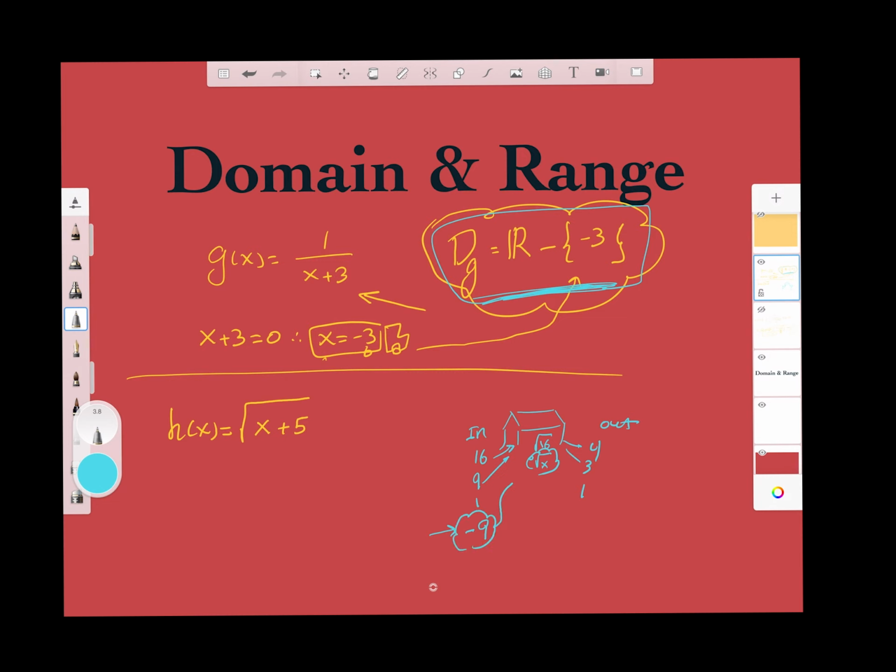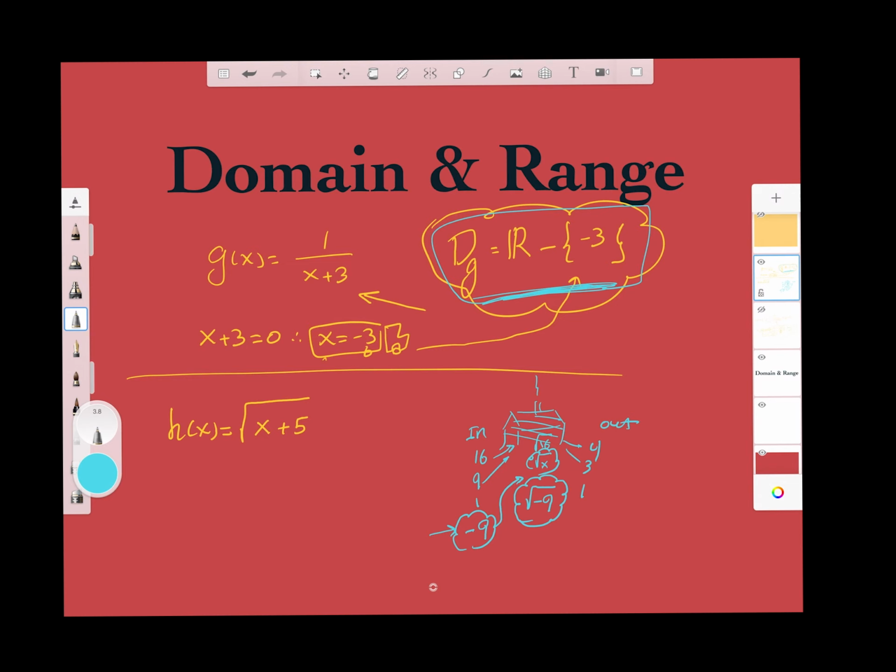If -9 goes inside of the function, we're going to have radical -9, and this is going to break the factory. So before selling your product in the factory, we need to have some limitation.